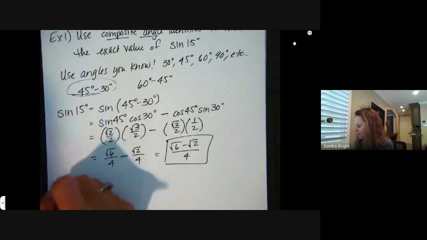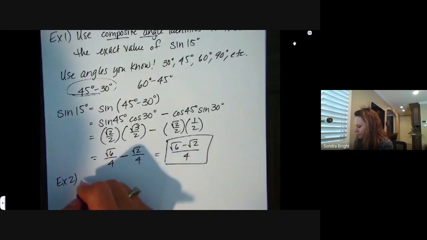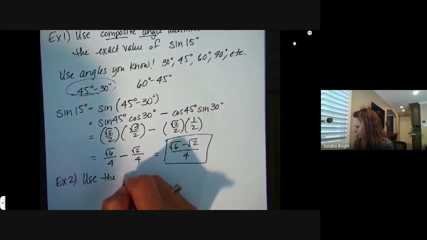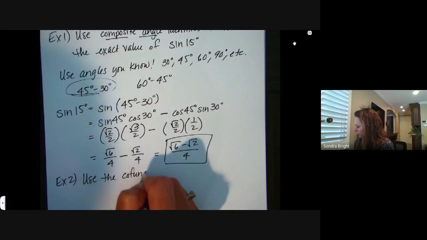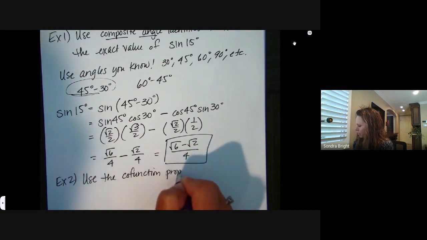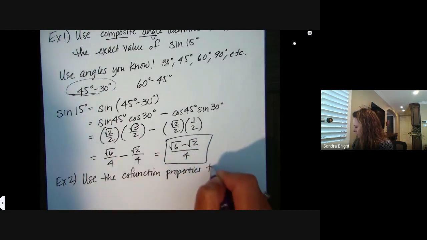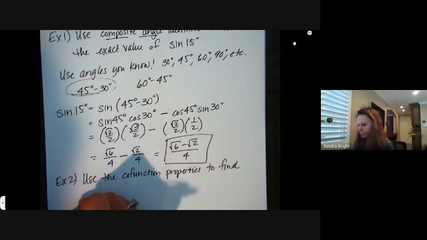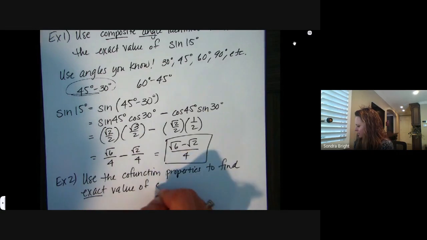All right, now they want you to use the cofunction properties to find the exact value of cosine of 75 degrees.